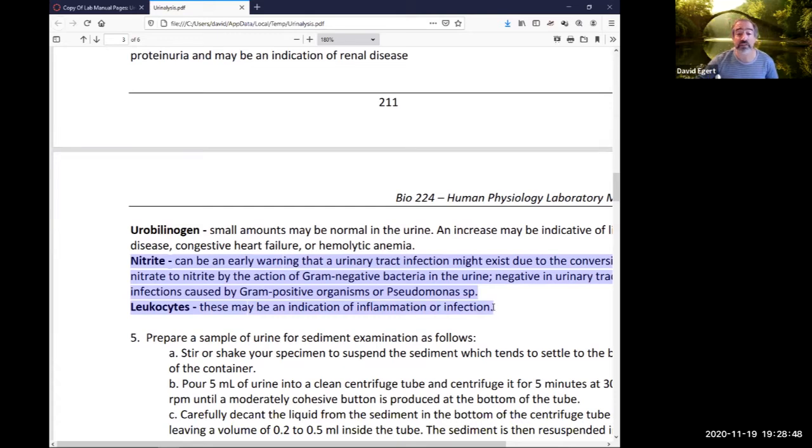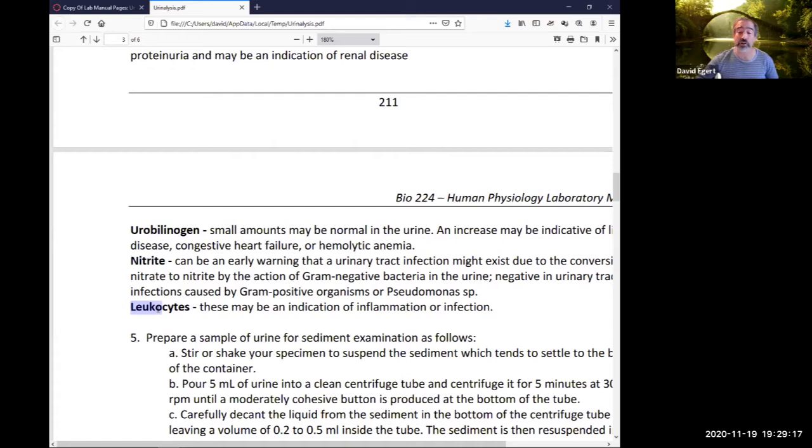Both of these are associated with urinary tract infections. The nitrites are a metabolic byproduct of a lot of the bacteria that cause UTIs. So if the nitrites are showing up, that likely means you've got these gram-negative bacteria living up in your urinary tract.